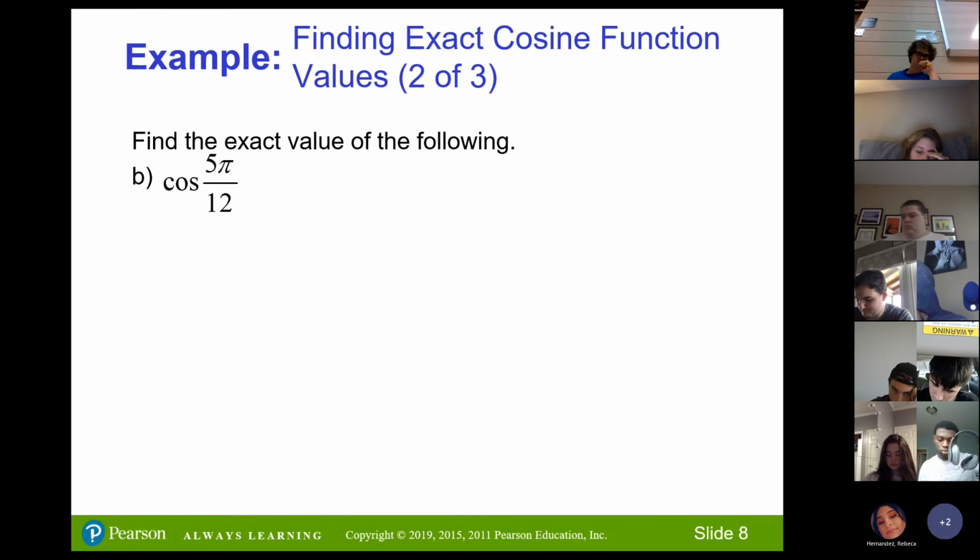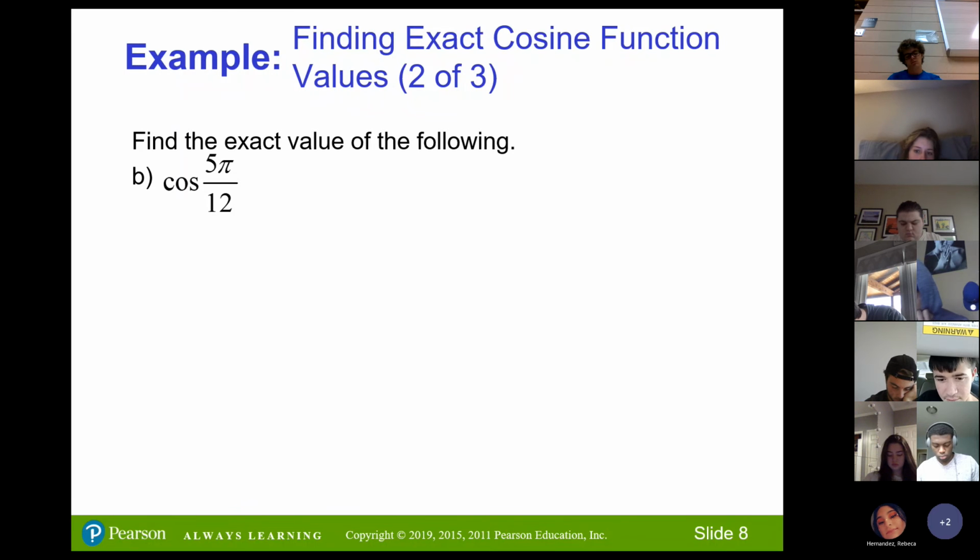If you want to find out where you are, 5 pi over 12 times 180 over pi. Pi's cancel. 12, 6 will go in there 2 times. 6 will go in there 30 times. 2 will go in there 1 time, 15. 15 times 5 is what, 75? So 75 degrees.